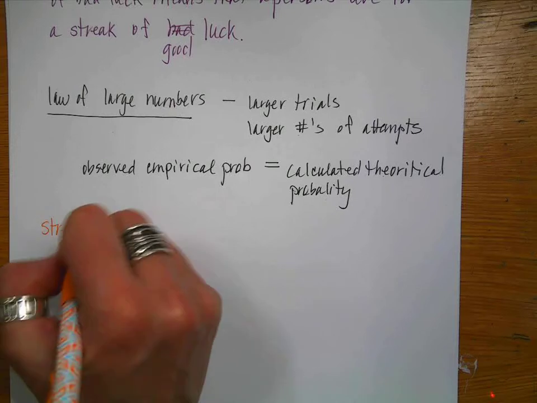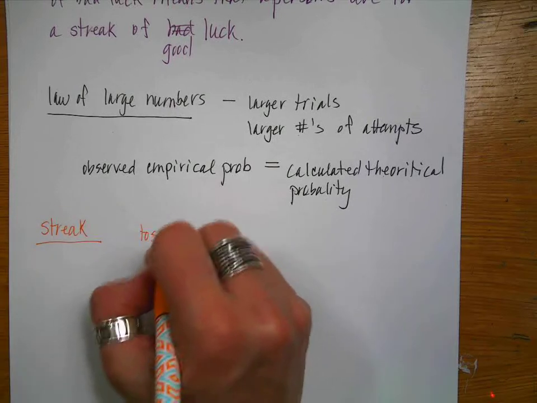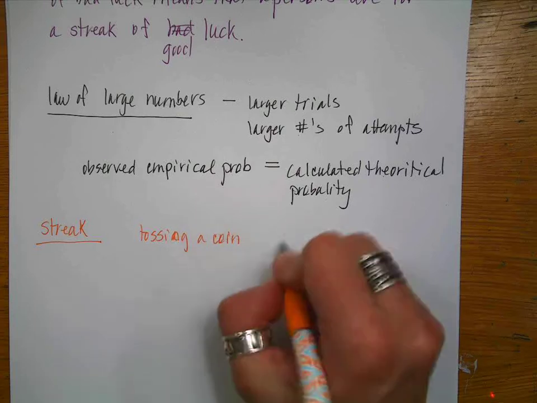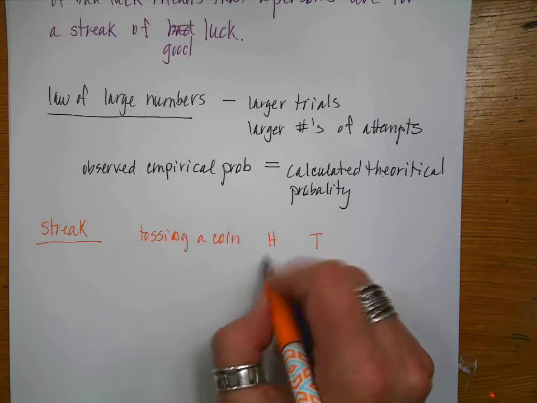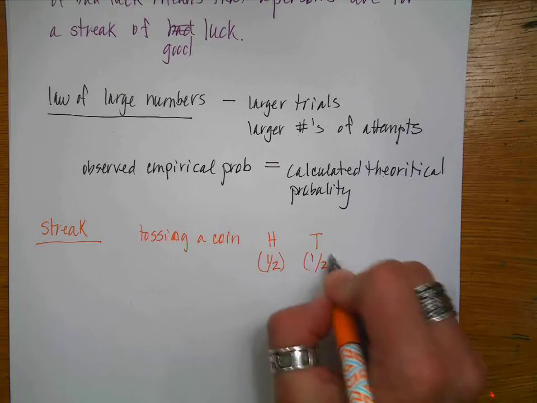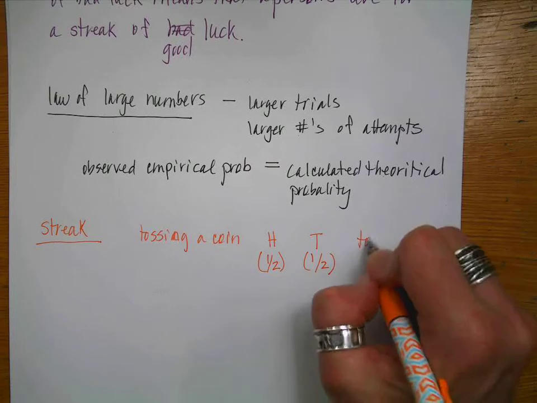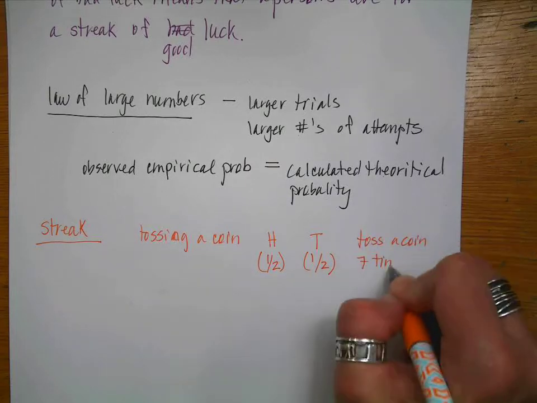So now let's talk about our gambler's fallacy again, and let's talk about it in terms of a streak. Okay? So we're going to talk about tossing a coin. And remember that when I toss a coin, I have two outcomes, either heads or tails. And I have an equally likely chance that it's going to turn out heads or tails.